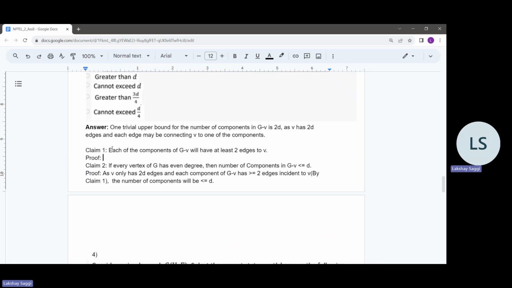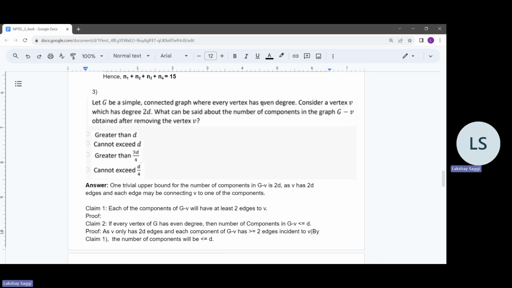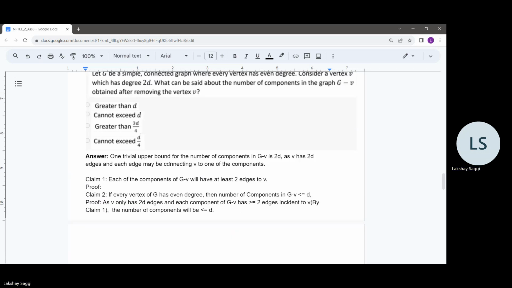So now we need to prove claim 1, that each of the components of G minus V will have at least two edges to V. And I'm claiming this sort of claim is easy to show. Why? Because till now we have not invoked the property that every vertex has even degree, right?